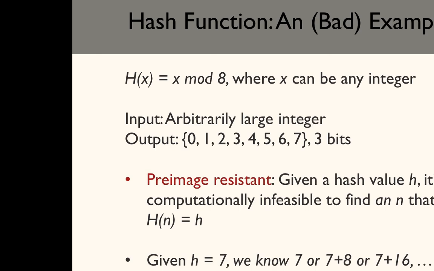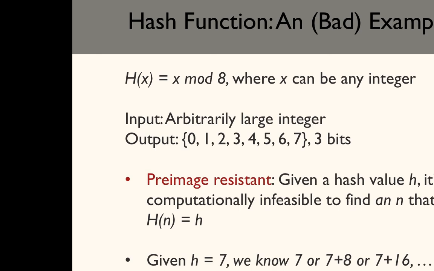For example, if we give you a hash value 7, we know that if we input 7, 15, or 23, it will generate this hash value. So if the first property doesn't hold, the second and third properties do not hold either. This is a very good example of a bad hash function.